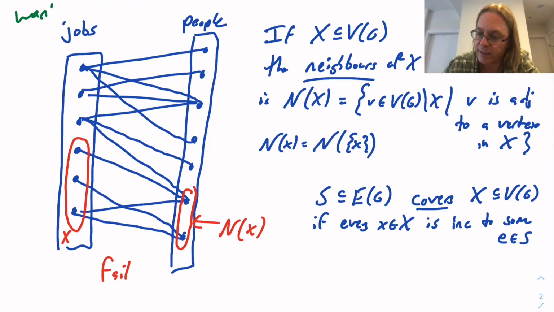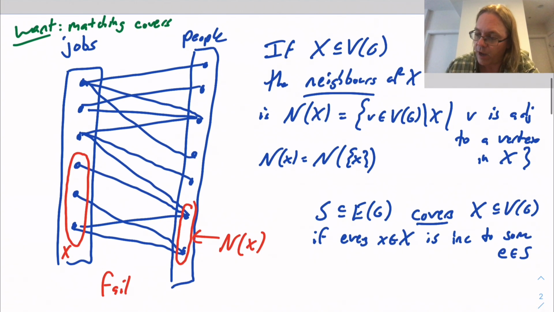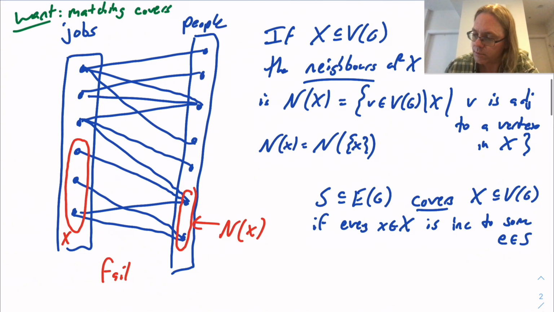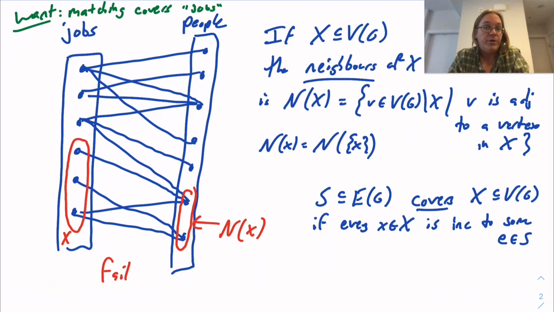So you can see what I wanted here, and now in graph theory terminology, I wanted a matching that covers the jobs. If I could find a matching that covered jobs, that would be my assignment, right? That matching that covered jobs is a collection of edges, and an edge just tells me which person is doing which job.